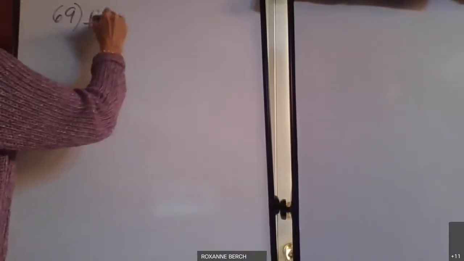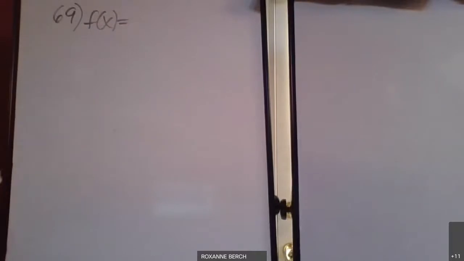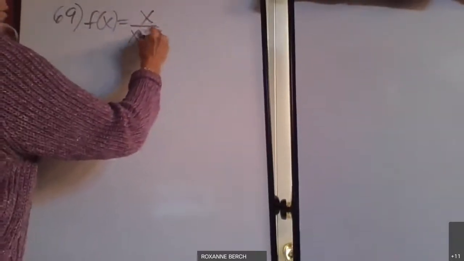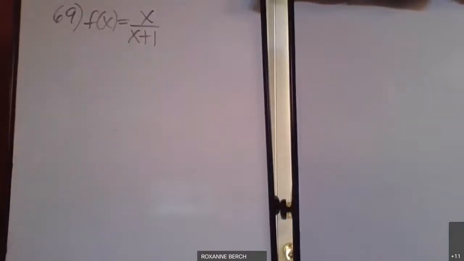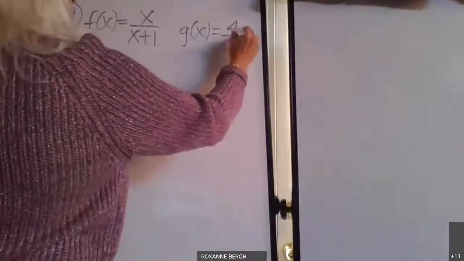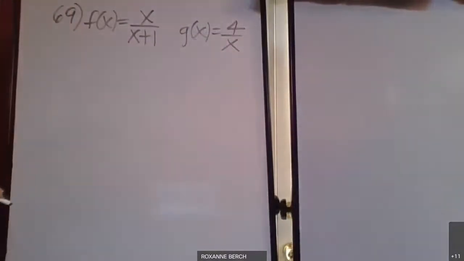I'll leave that for you. I'll do 69. So in 69, you have a rational function. And the rational function is x over x plus 1. And what makes it rational is the variable in the denominator. And then your g of x is 4 over x, which is also rational.